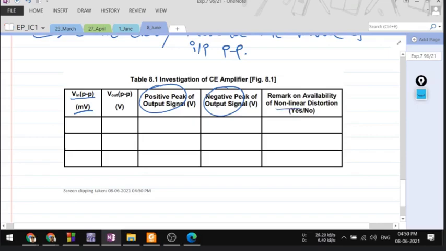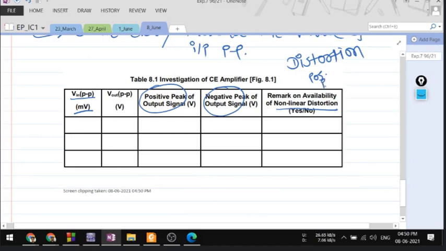In this table we have to increase the value of input peak to peak, and measure how much positive peak there is, how much negative peak there is, and whether there is distortion or not.